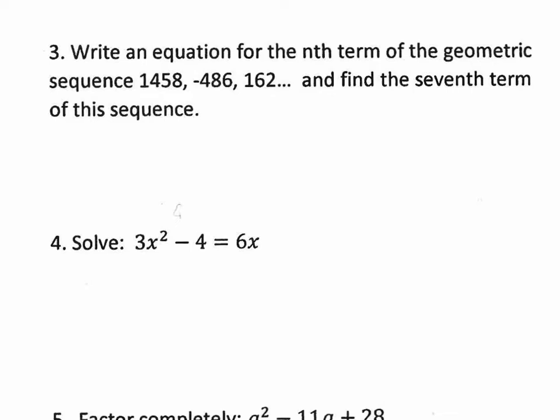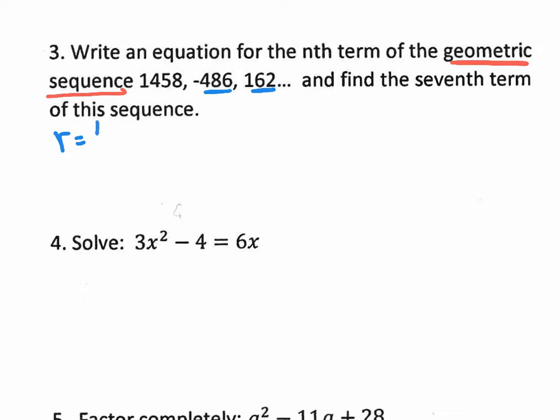So they tell us here to write an equation for the nth term of a geometric sequence. So they're telling you that there is a common ratio. Now, how do you find the common ratio? You take a number and you divide it by the previous number. Okay, so let's write down a little r right here, and let's write down that common ratio.